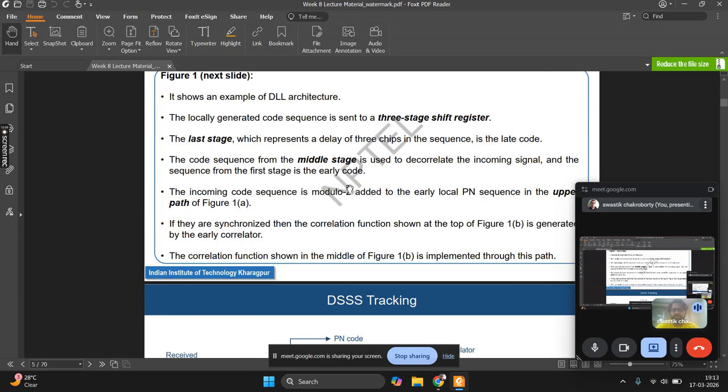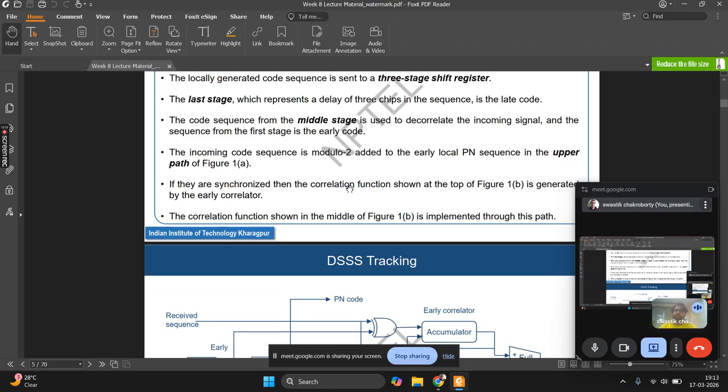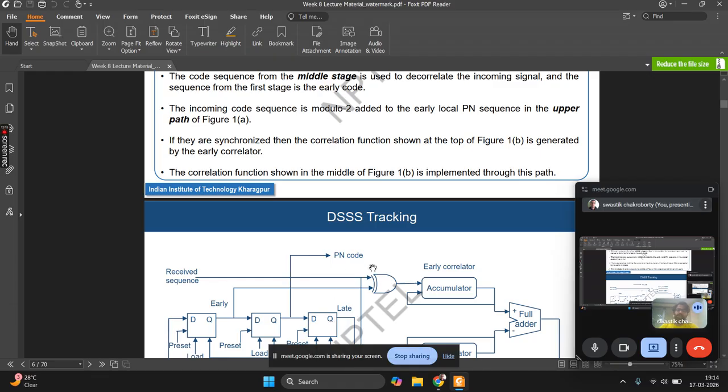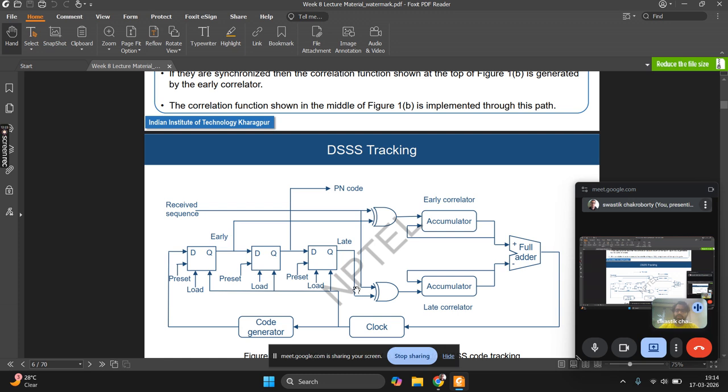So the incoming code sequence is modulo 2 added to the early local PN sequence in the upper path. Modulo 2 addition means XOR. So whatever is incoming is XORed with early here, and here it is XORed with late. One time it is XORed with early, one time it is XORed with late.